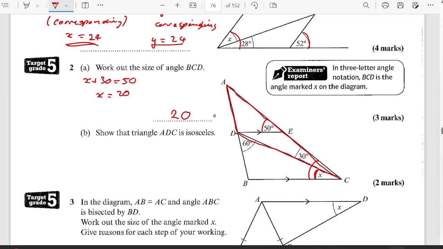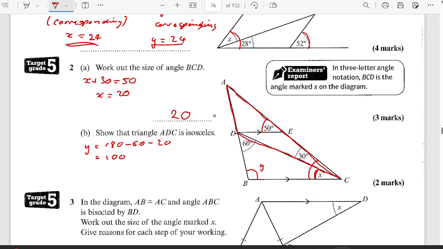So I'm going to work out this angle here, and I know that X is 20, so I know that those two add up to. So I'll call that Y for now. So Y is going to be equal to 180 minus 60 minus 20. So it's going to be equal to 100 degrees.